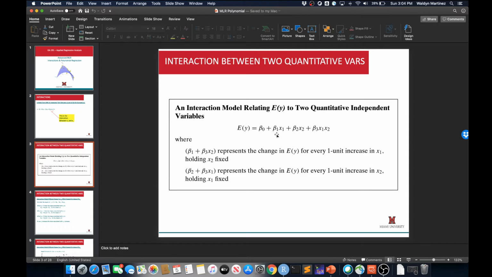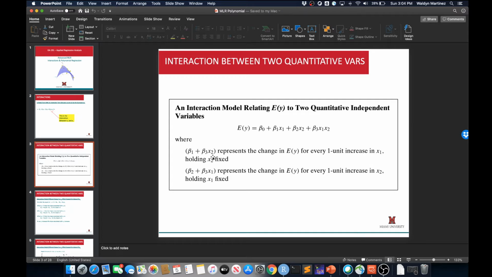But now the effect becomes different. When x1 increases by 1 unit, the expected value of y increases or decreases by beta 1 plus beta 3 times x2. So what that means is that it depends on the value of x2, where it is held constant.